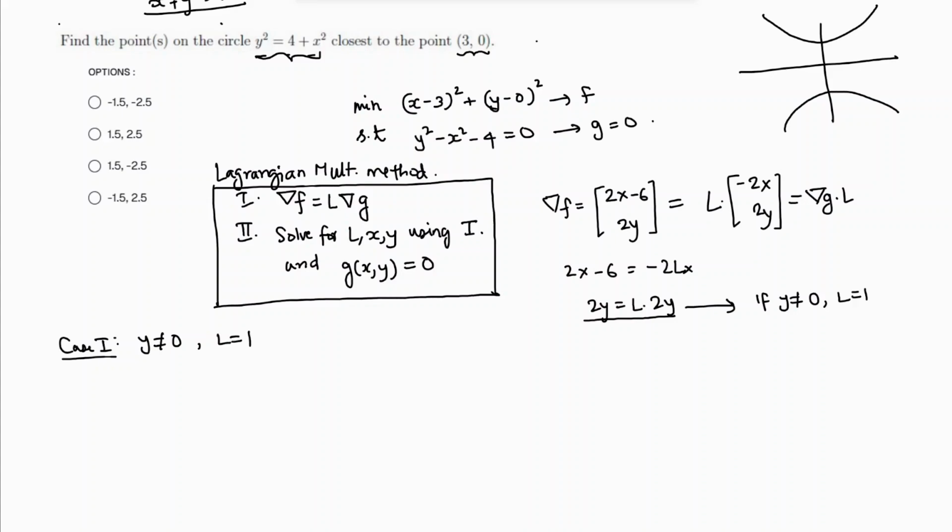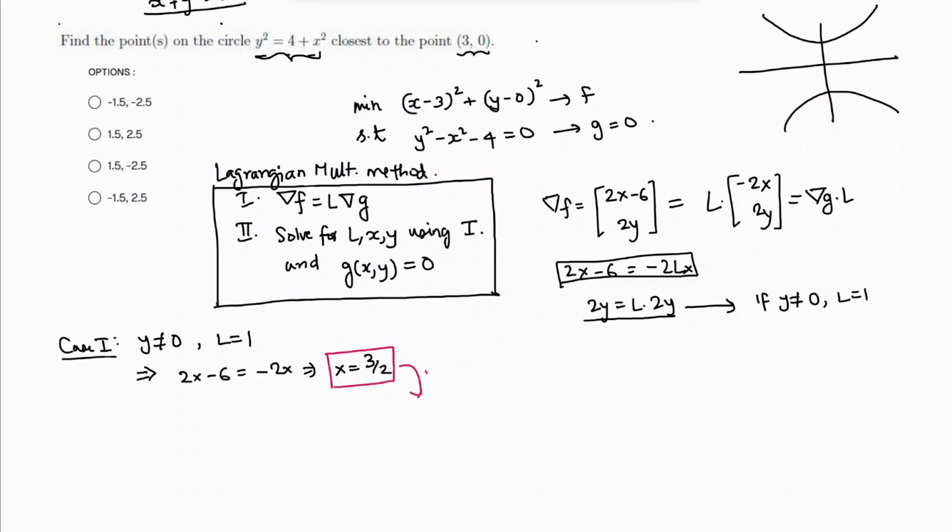When L is equal to 1, we can put that in the first equation, and that implies 2x minus 6 will be equal to minus 2x, which means that x is equal to 3 by 2, right? So we get x equal to 3 by 2. But what will y be? To find out y, we have to put this in g(x, y) equal to 0.